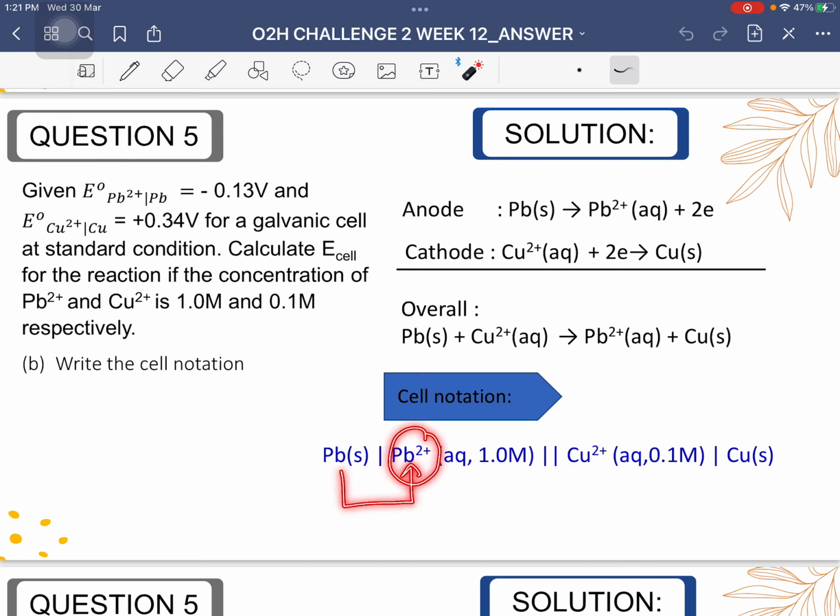Whenever it involves an aqueous solution, we must write its phase and also the molarity. At the cathode, copper 2 plus receives electrons to be copper solid, and copper 2 plus is in aqueous phase with 0.1 molar concentration. So solid, aqueous, aqueous, solid. Don't forget, if it is aqueous, give the concentration. If it is a gas, give the pressure of the gas.